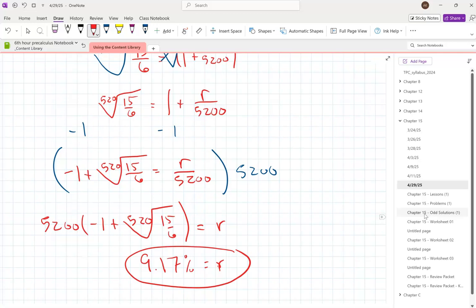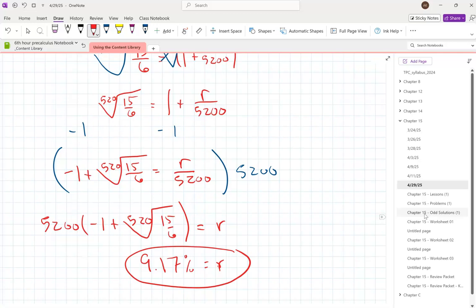Okay. We'll continue on and show you how to plan an investment strategy. The terminology for that would be an annuity, where you're saving the same amount of money every period, whether that's a month or a year or whatever.